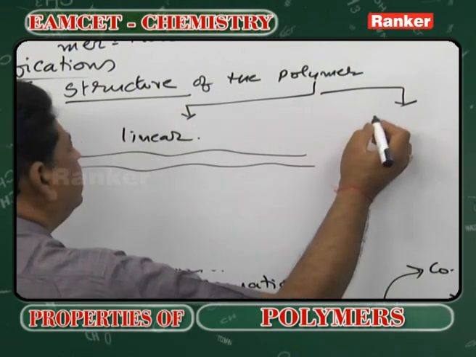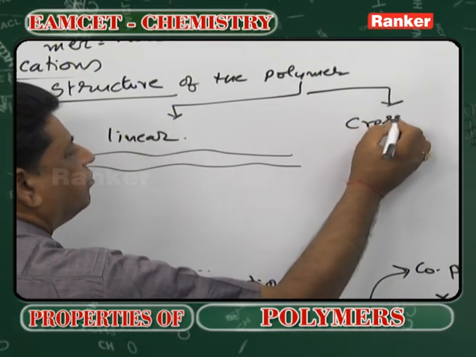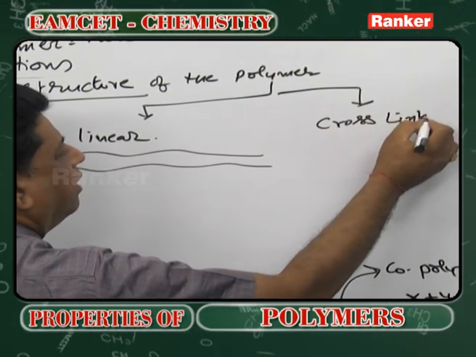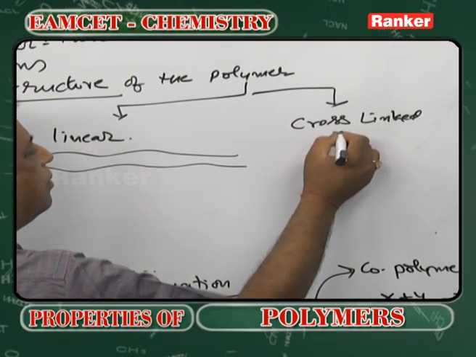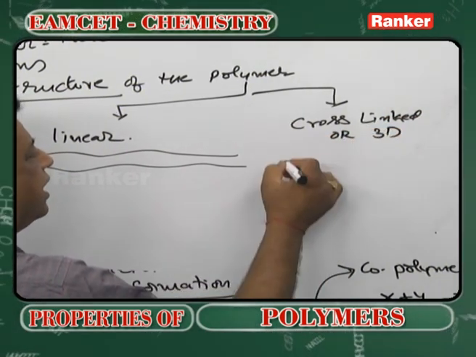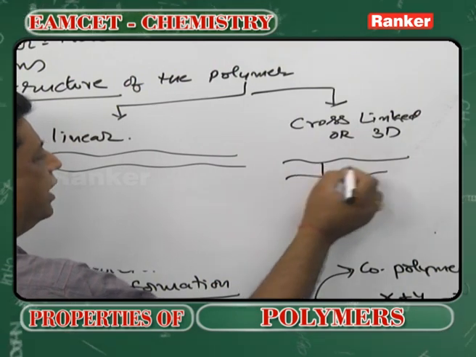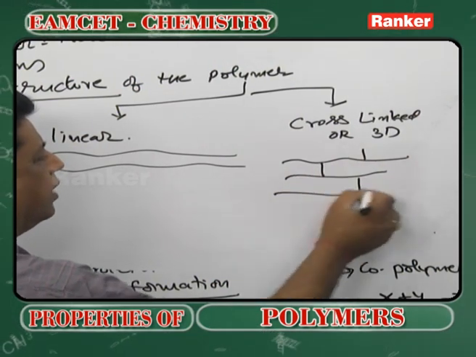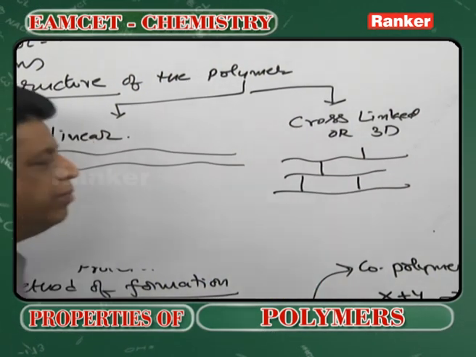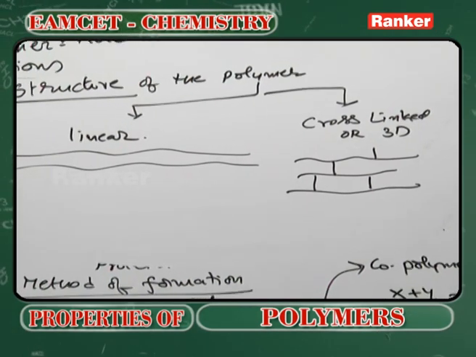The other type will be the cross-linked or 3D type of polymers. That means a polymer is linked to another polymer and forms a net-type formation, which is called cross-linked.